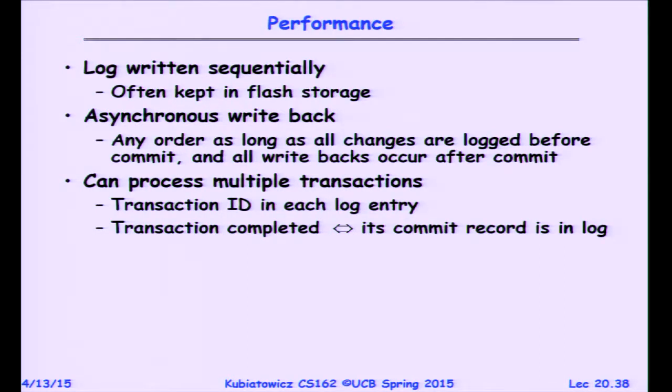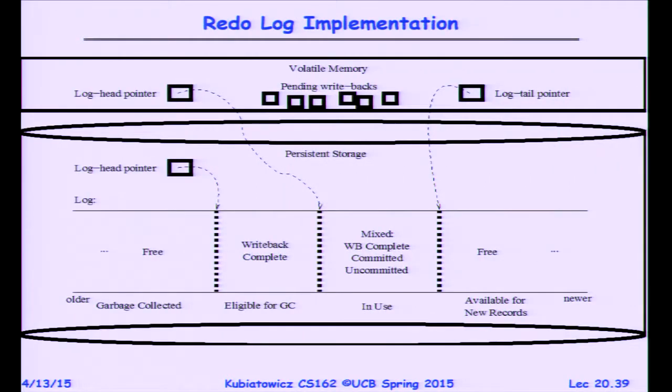Now let's look a little bit at the implementation of this. As I mentioned, the volatile memory has the version of the file that you think you're working with, plus a head pointer, which is where I am in the log that I've actually applied to persistent storage, and then there's a log head pointer actually on disk.